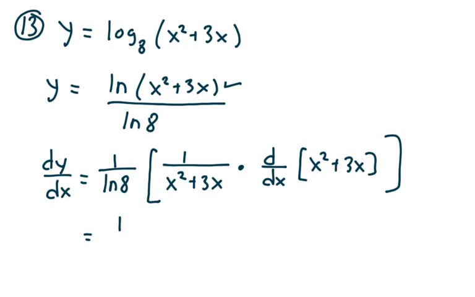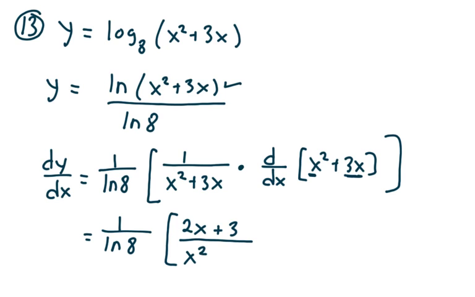So this is 1 over natural log of 8 times the derivative of x squared, which is 2x. The derivative of 3x, again with respect to x, is 3. And we're dividing by x squared plus 3x. And that's how we find dy dx. So the key is performing a change of base before you attack this problem. That was number 13.